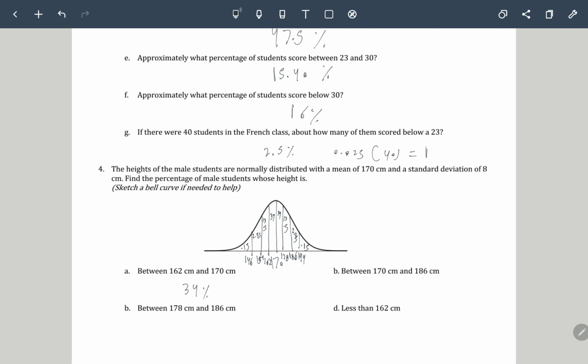So 47.5% is what we have between, and same for less than 162. What's less than 162? It is 16%. And 178, which is here, to 186, between them is just 13.5.